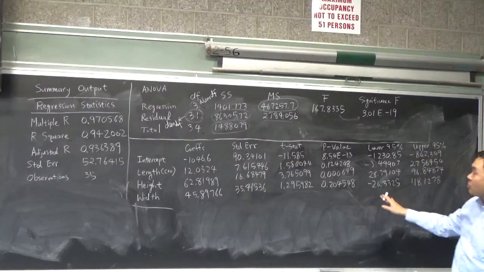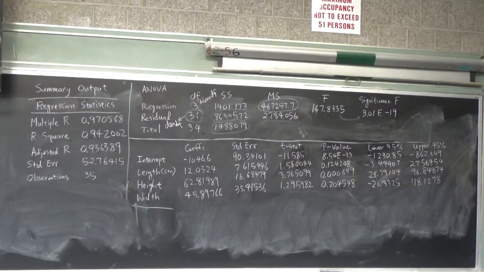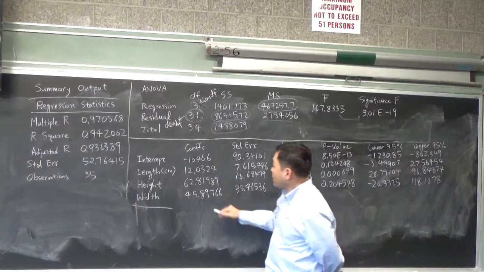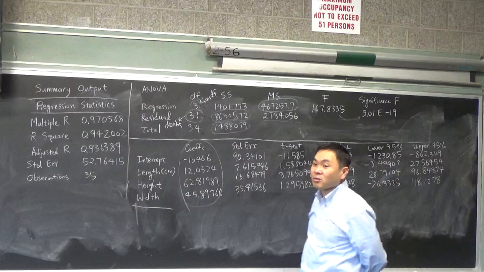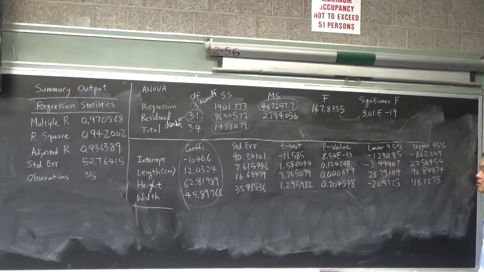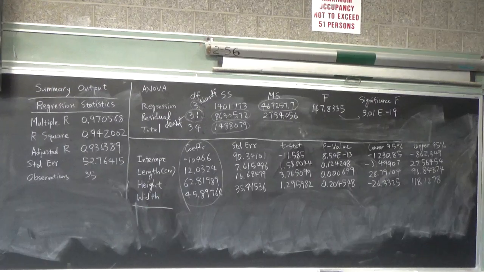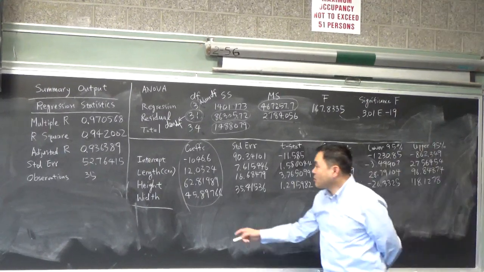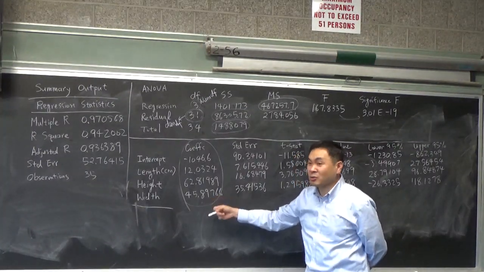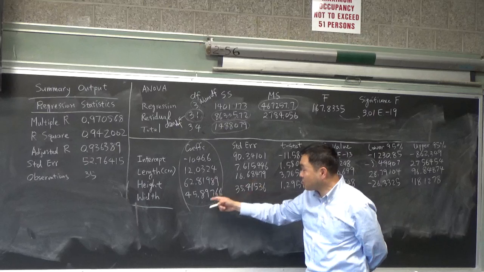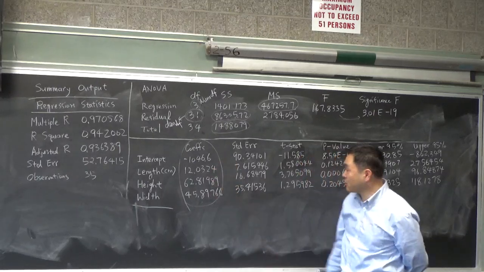Now we have to work on this part of the output. Again, this part, coefficient part, it has to be calculated using the Excel table. And I still want to give you some formulas that, although you're never going to use it, would calculate this a little later.